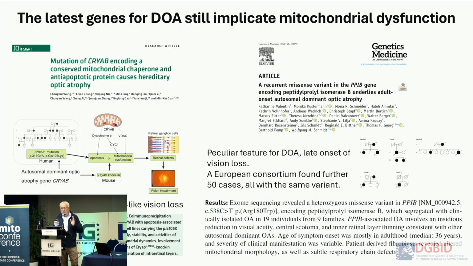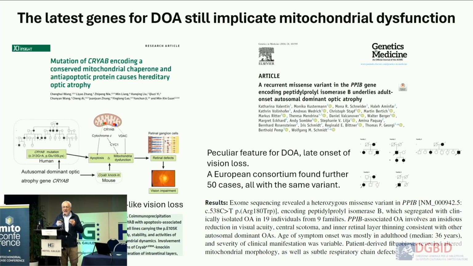Let me just give you a final highlight on the newest genes, which again break some of the paradigms. CRYAB, for example, is very interesting because it's associated with a dominant optic atrophy, but clinically speaking, these patients have a subacute evolution of the visual loss. So they look more like Leber's than dominant optic atrophy.